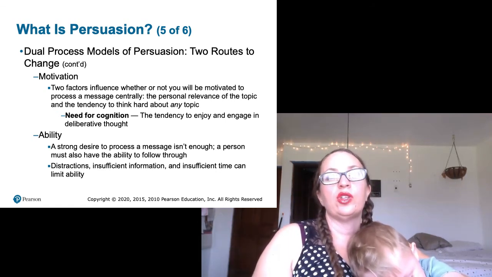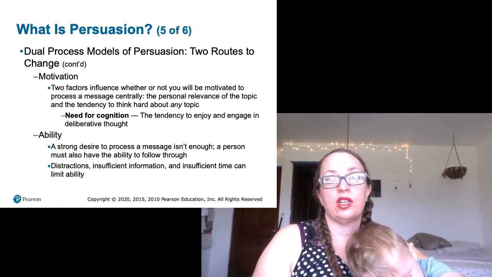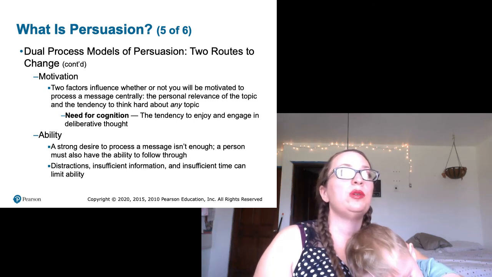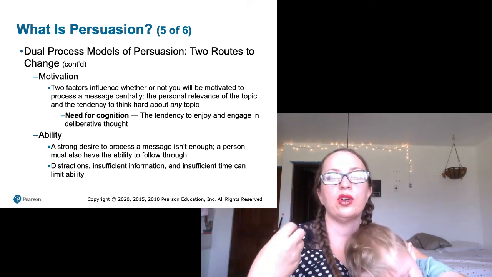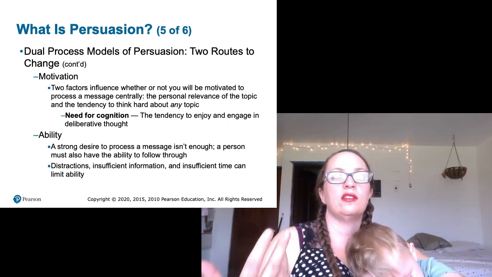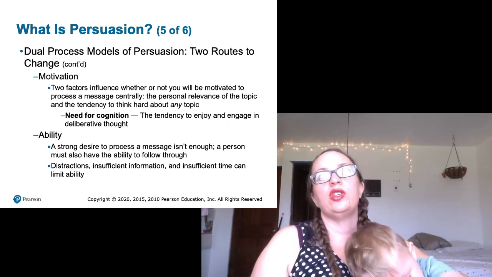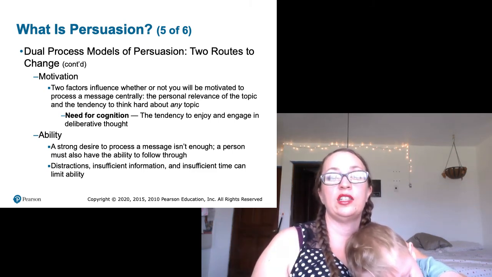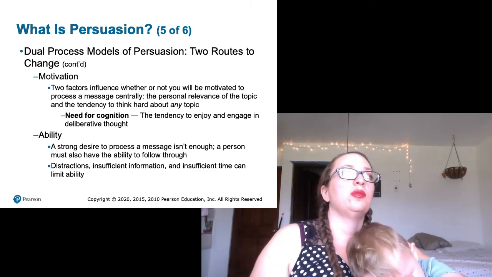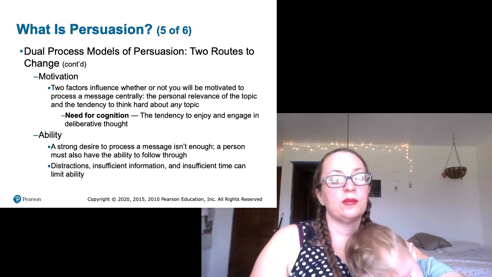And with cults, and you'll notice in the cult book that you have to read, he'll talk about how people who get pulled into cults are usually people who are searching, who are open, who are trying to find new ideas, and they're thinking about life. So these are people who have a high need for cognition, at least for this situation, and probably in general, I would guess.